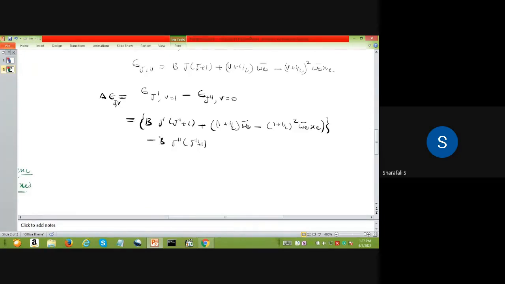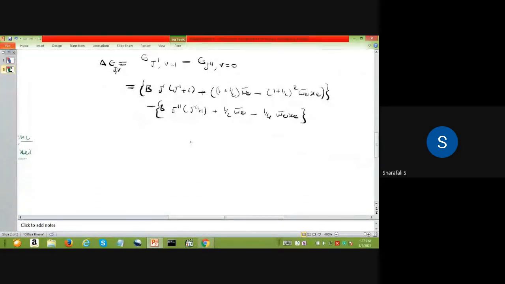I will take this as another bracket. Plus, for V equal to 0, it means 1/2 ω_e bar minus (1/2)², that is 1/4, ω_e bar x_e.